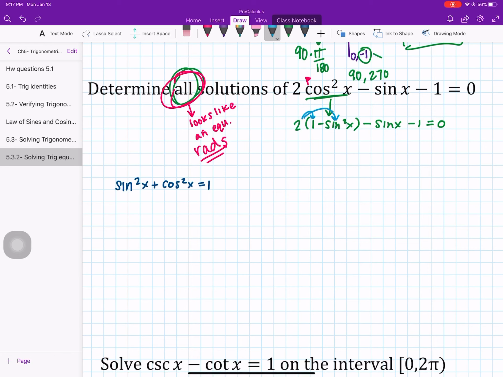So now, let's follow the rules of algebra. 2 minus 2 sine squared x minus the sine of x minus 1 equals 0. Let's combine some like terms. So I have negative 2 sine squared of x minus sine of x, and then 2 minus 1 is 1 when I combine those like terms together.